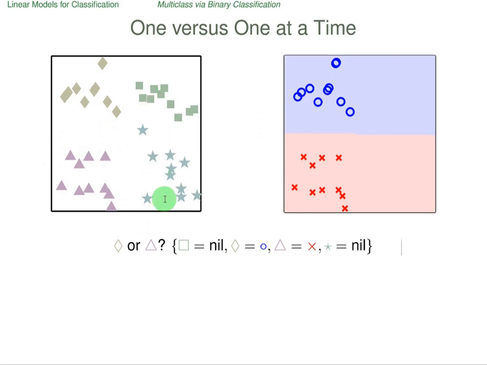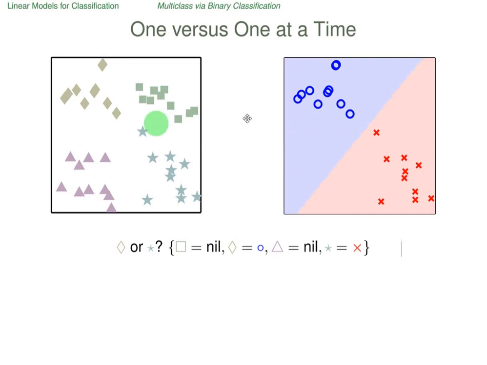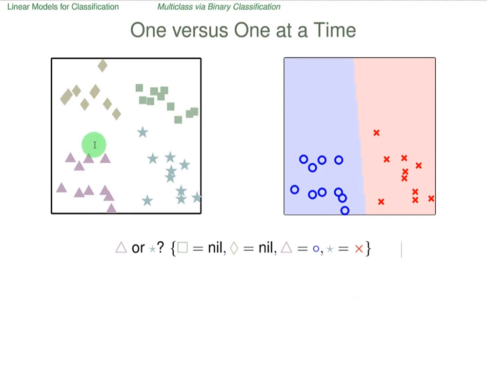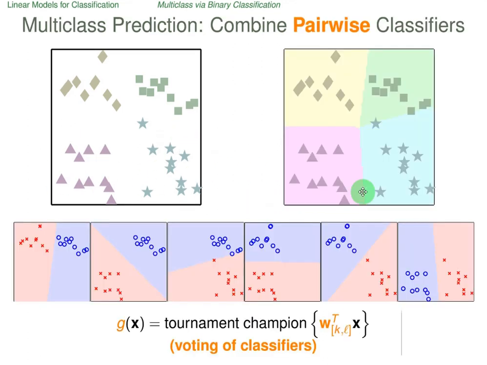These 2 are left out, and we learn the following hypothesis. And finally, rhombus versus star, triangle versus star. Once we're done with the training or selecting the hypotheses, we can combine the pairwise classifiers.